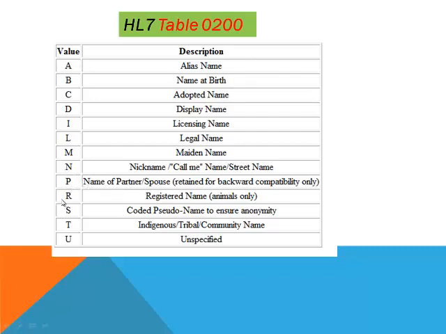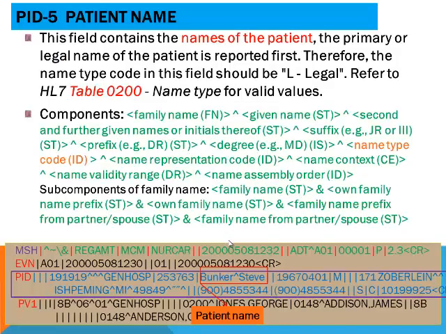P is name of partner. R means registered name. S means coded pseudo name. T means tribal or community name. U means unspecified. So this is the code meaning. If you fill in some code here, that tells what this name means.